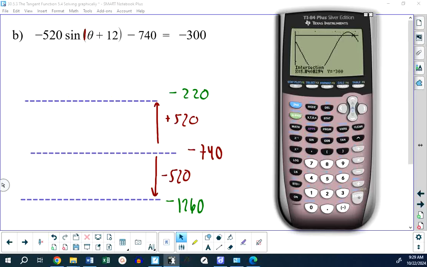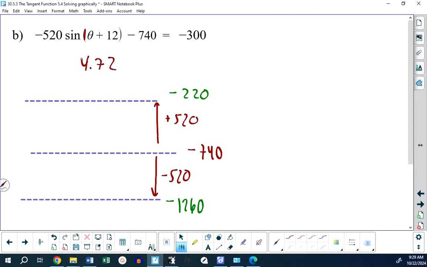I think I might have chosen 0 by mistake. 4.72 and 5.84. Are you getting the same numbers? Okay. Did I just see 5.84?